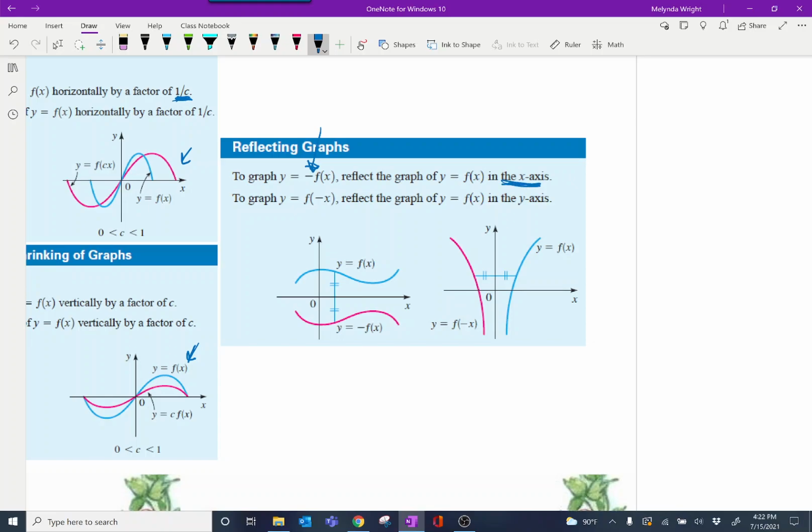All of the y values that were positive, since you're multiplying the y values by -1, turn negative. And so that causes it to reflect over the x-axis. But in the other case, if the negative is inside the function, affecting the x, then all of the positive x's become negative x's and vice versa. And then we are reflecting over the y-axis.